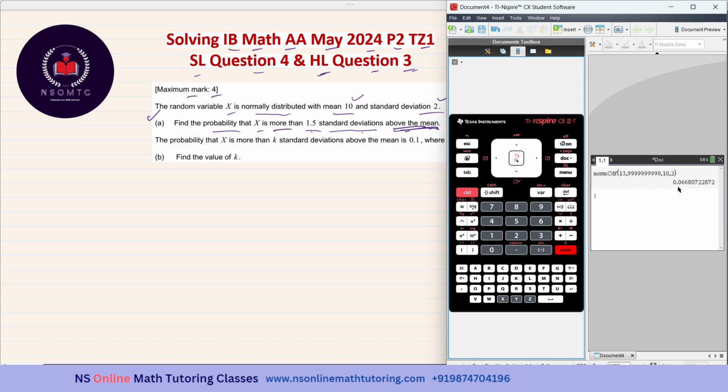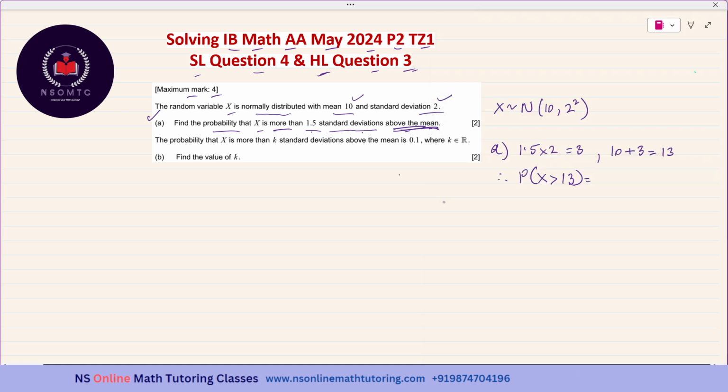Let me write this: NormCDF, lower bound 13. These are the parameters that I have entered. And the upper bound was a series of 9s. I'm putting only five 9s because I don't have any more space. The mean was 10 and the standard deviation was 2.